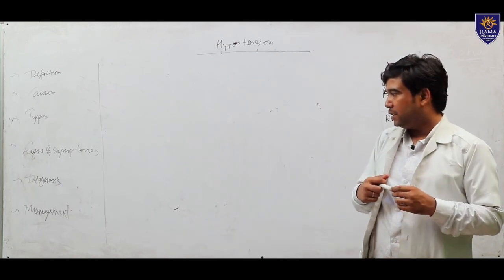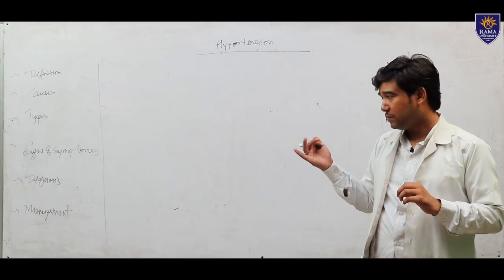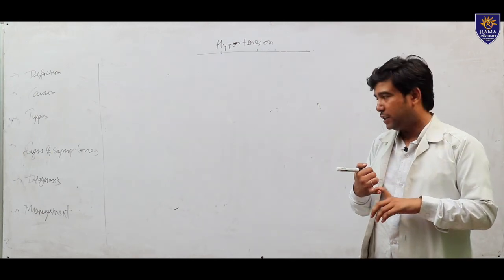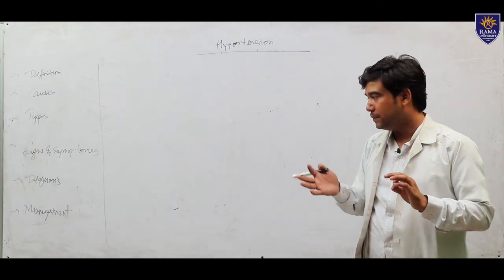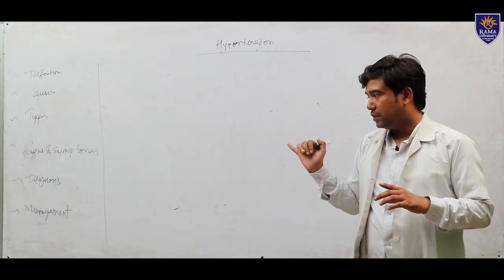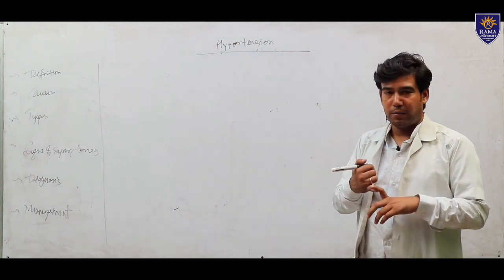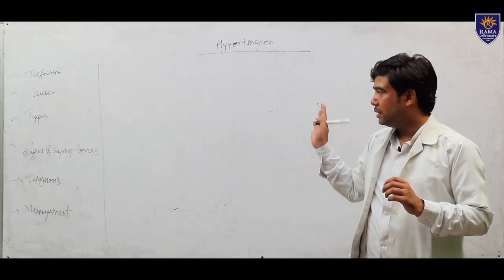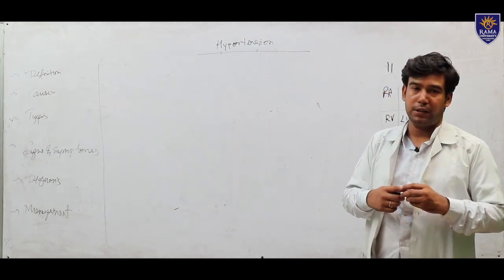Next is medical management. Here we can give diuretics, beta blockers, calcium channel blockers, alpha blockers, ACE inhibitors. These are the pharmacological management of hypertension.